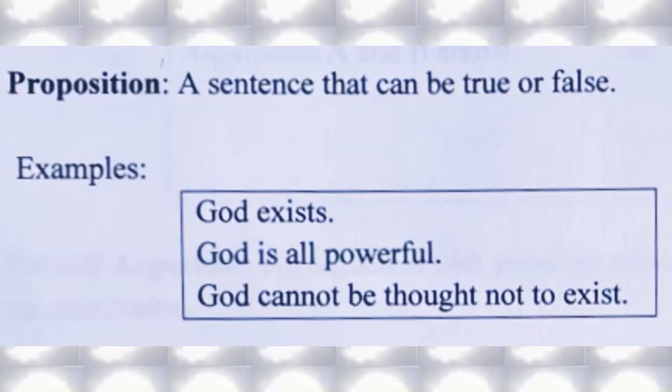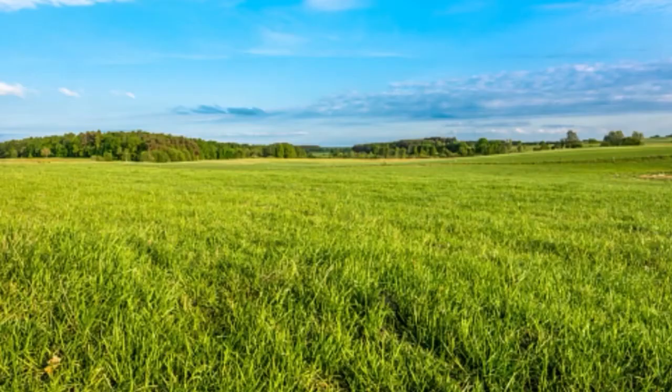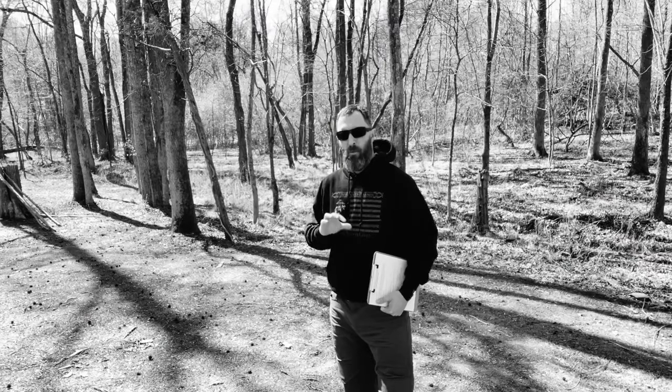God exists. God is all-powerful. God cannot be thought not to exist. Each of those sentences could be true or it could be false. Thus, each is a proposition. And you could think of many other examples, I'm sure. The grass is green, etc.